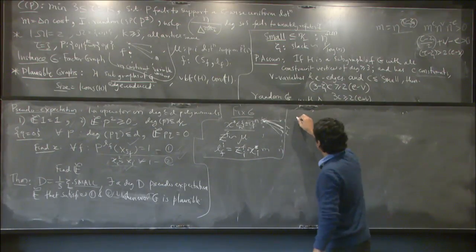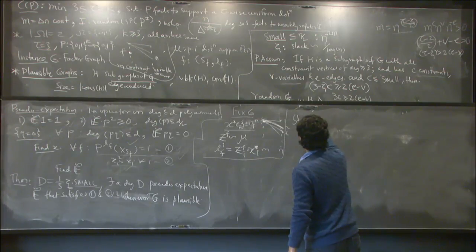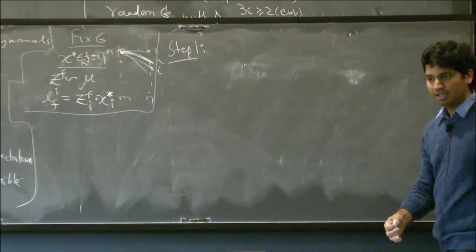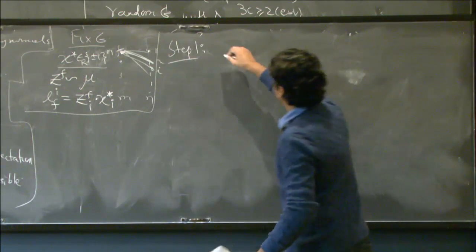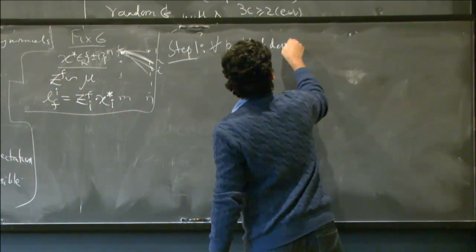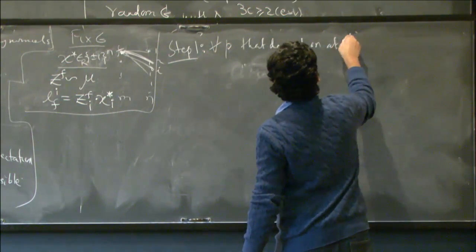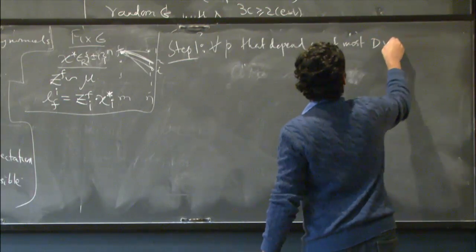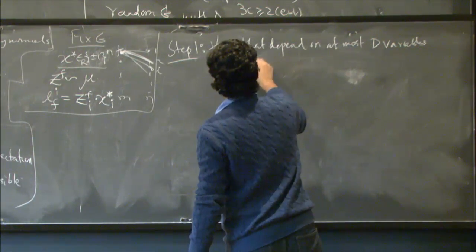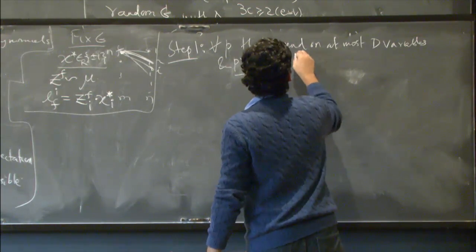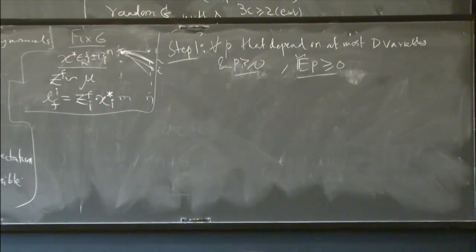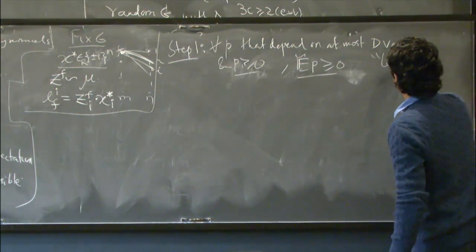Step 1 is the easy step, which is to reprove the BGMT kind of result, to show a Sherali-Adams lower bound, which means to show the following: for all polynomials p that depend on at most d variables and are non-negative, I want to prove that tilde E of p is non-negative. I call this the local PSDNS property.